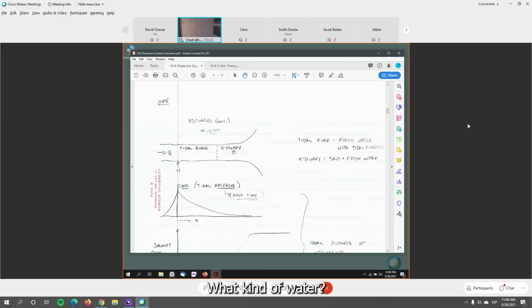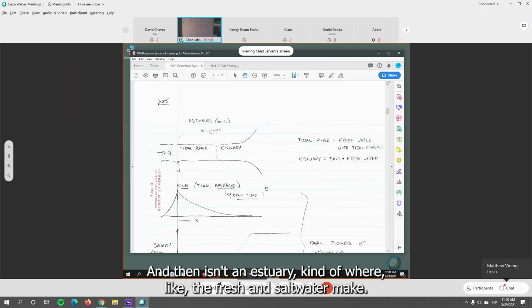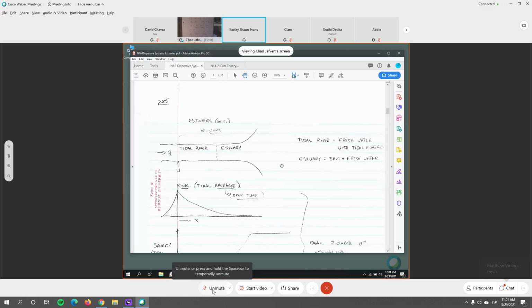Rivers are made out of what kind of water? Starts with an F. Well, rivers are made out of fresh water, and then isn't an estuary kind of where the fresh and salt water mix? Exactly. So out here is the open ocean.